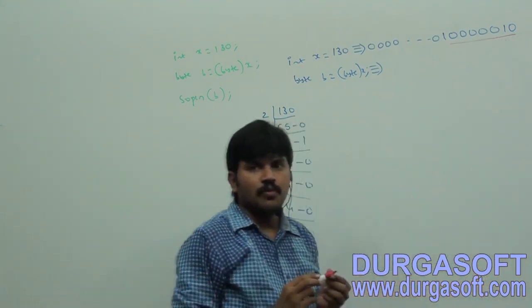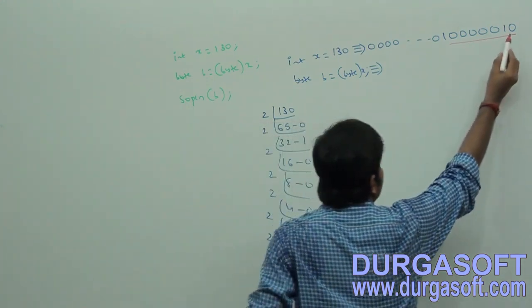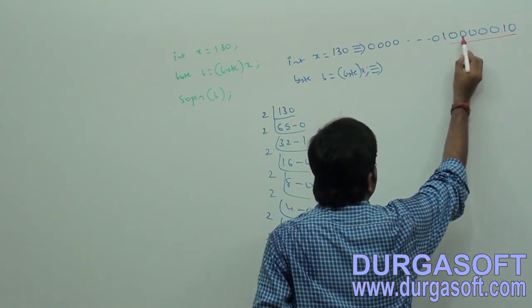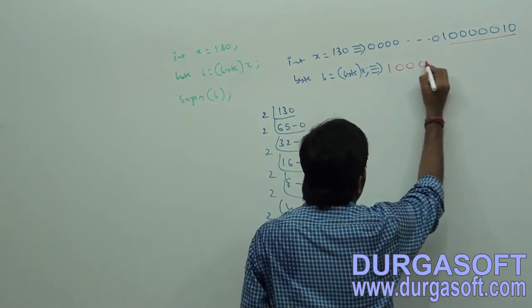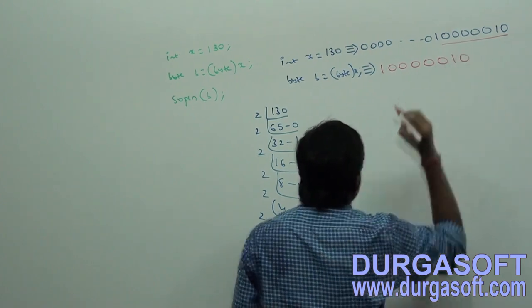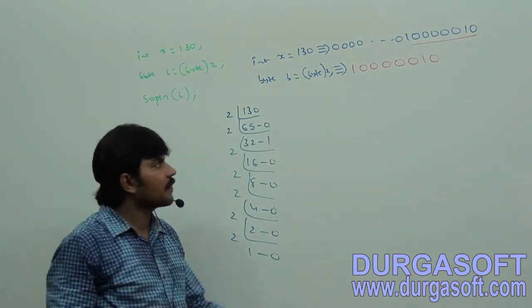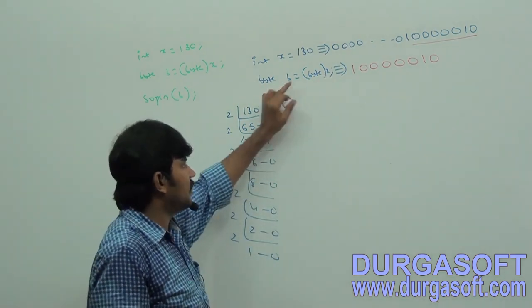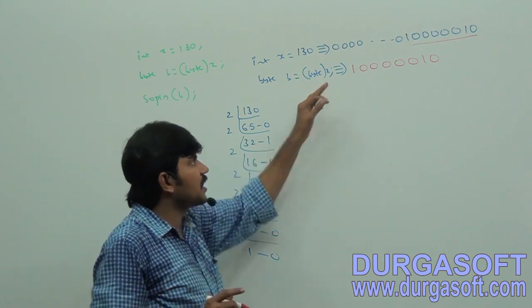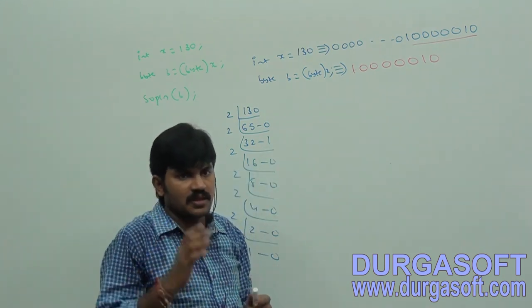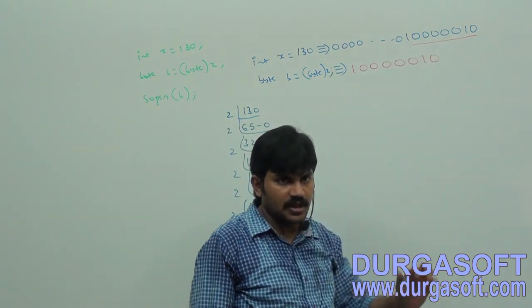The most significant bits will be gone. That's why we get 1 0 0 0 0 0 1 0. A very important point: whenever we assign a higher data type value to a lower data type variable by explicit typecasting, the most significant bits will be gone, and we consider only the last 8 bits.